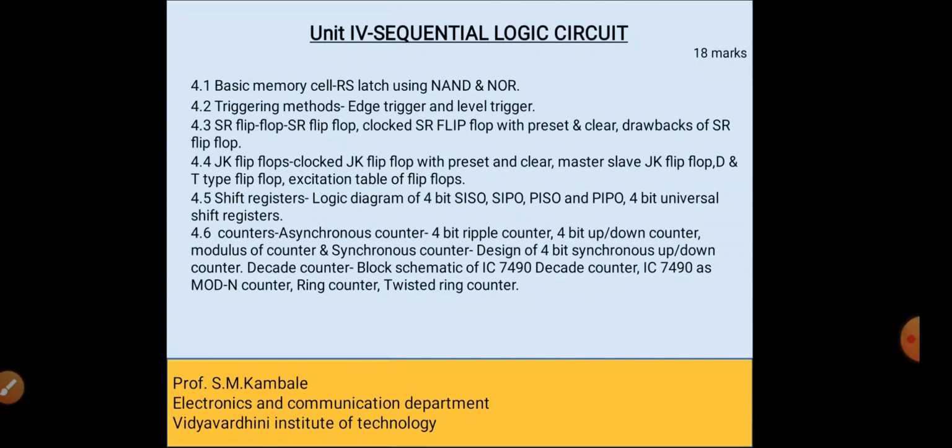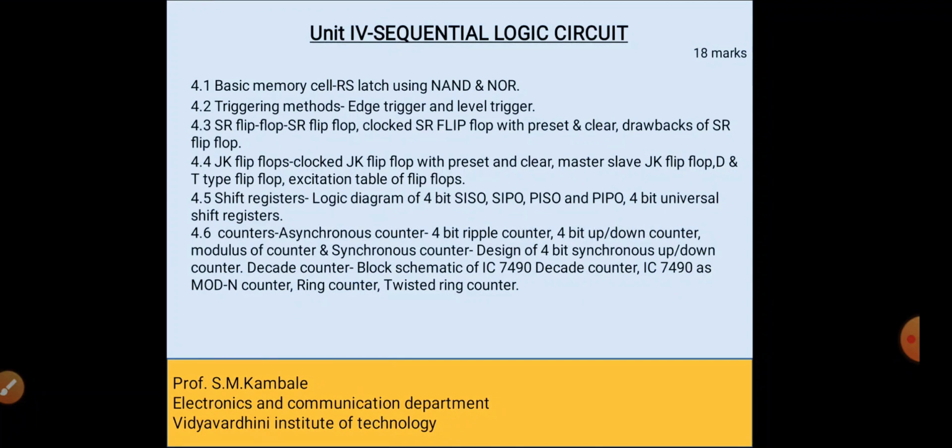multiplexer and demultiplexer, and the examples of sequential circuits are given in the subtopics like flip-flops, shift registers, counters, etc. Now looking at the first subtopic, that is RS latch using NAND and NOR gate, that is a basic memory cell, which is also called a flip-flop.